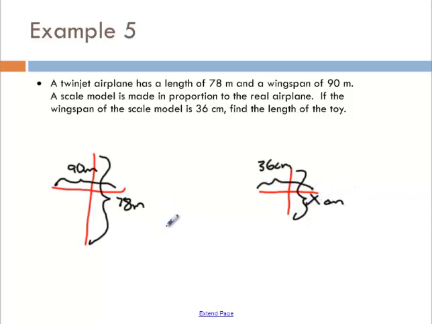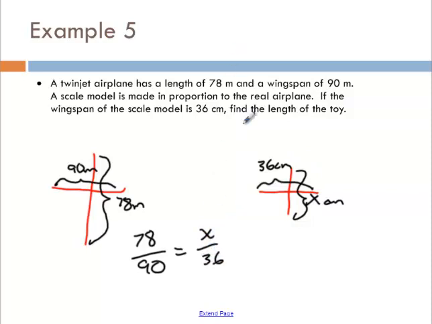So I'm going to take this information and set up a proportion. You have a couple different options. You can set up one full ratio for the real airplane, length over wingspan equals length over wingspan.